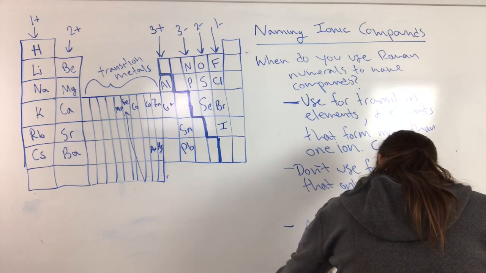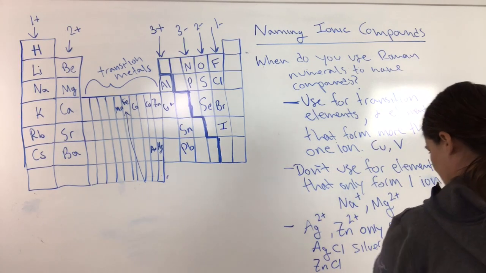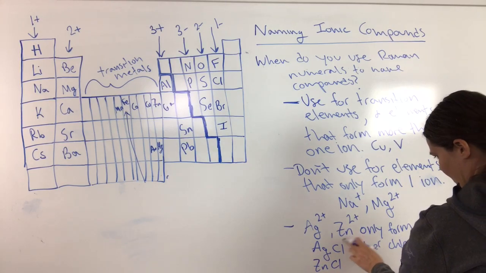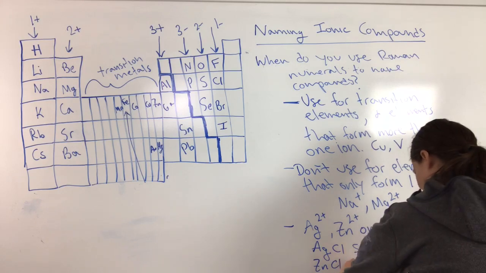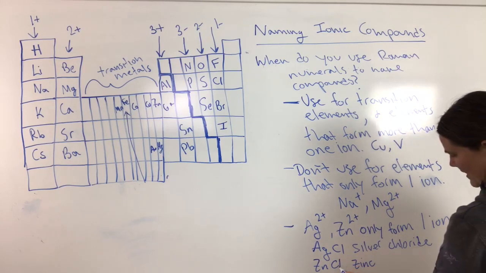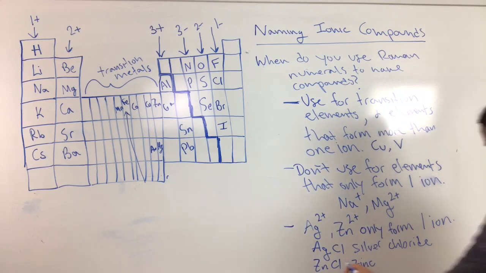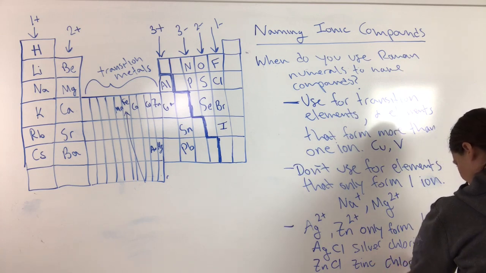And then with zinc, let's say we have zinc and chlorine. With this one, we know that it only forms one ion, 2+. So we write the name of the first one, zinc, and then we write the first syllable of the second element and add "ide" to its name. So we have zinc chloride.